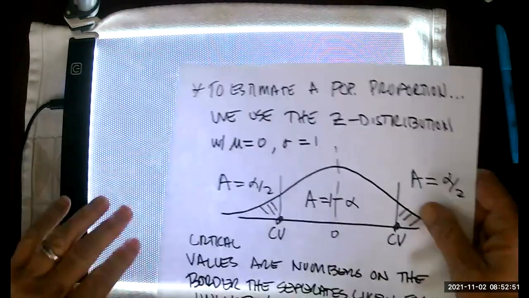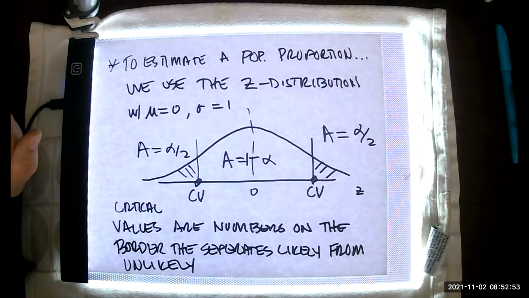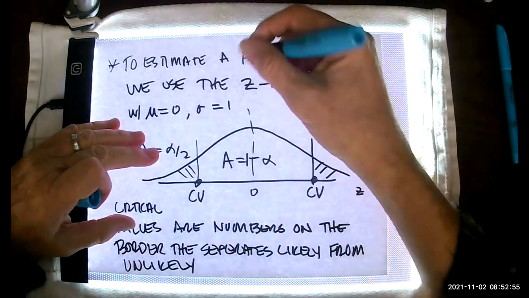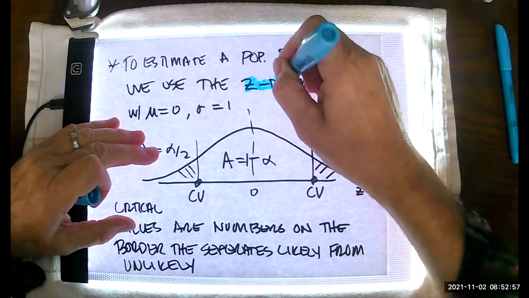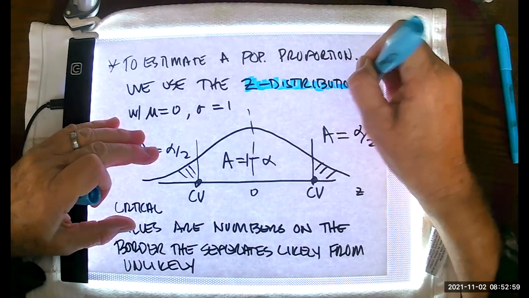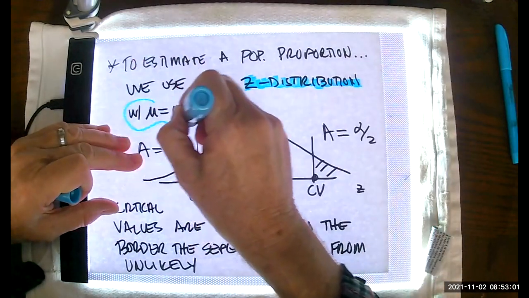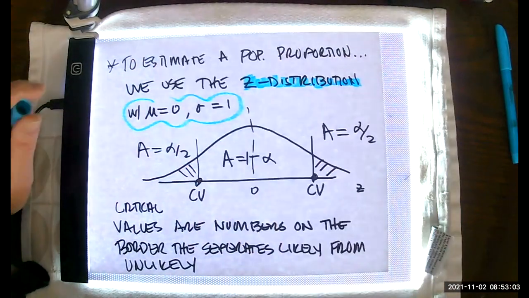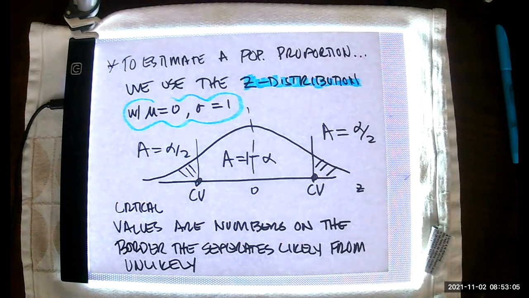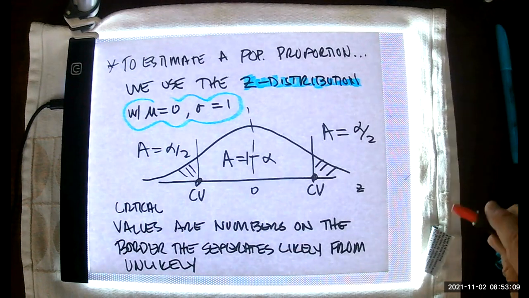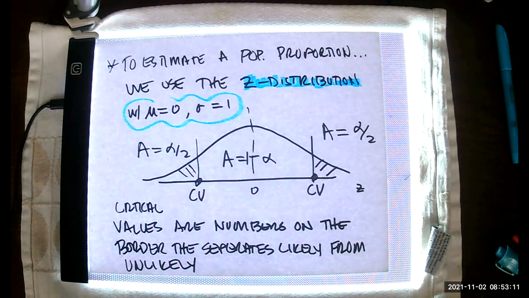Now, how does that estimate get built? Well, to estimate a population proportion, we use the Z distribution. And I'll remind you that the mean is 0 and the standard deviation is 1 for the Z distribution. It's a probability distribution. And the way it works is this.